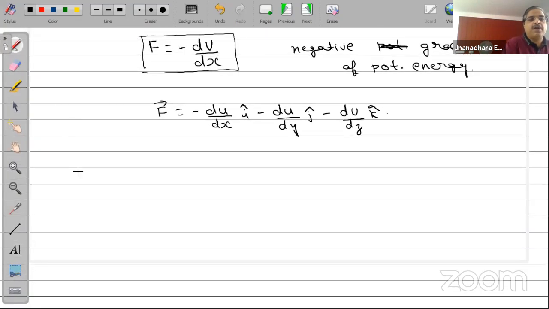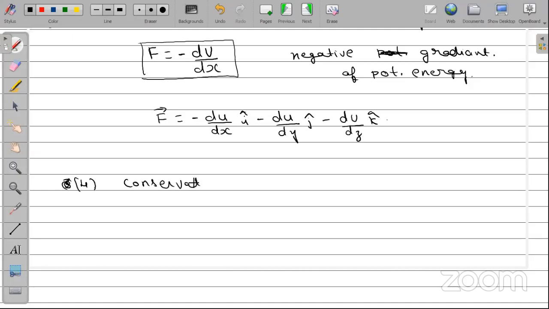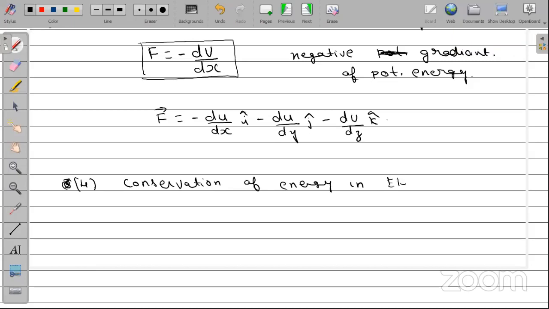The last point in the potential energy would be use of conservation of energy in electrostatics.